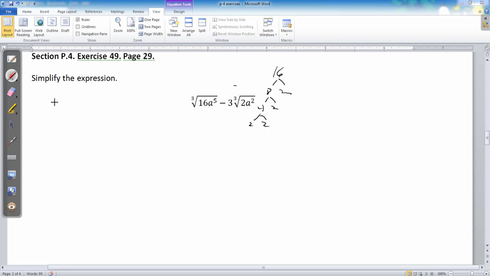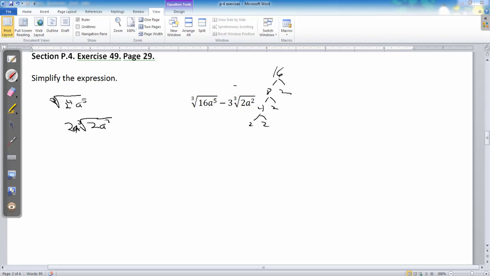So that's 4 2s, so we have the cube root of 2 to the 4th times a to the 5th. 3 goes into 4 once, so I get to bring out a 2. Remainder of 1, so I have to leave a 2 inside as well. 3 goes into 5 once, so I get to bring out an a. Remainder of 2, so I have to leave a squared inside.